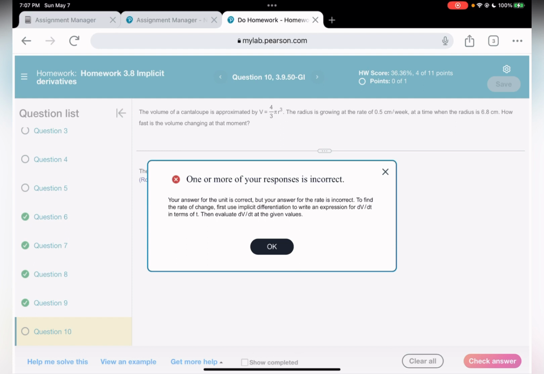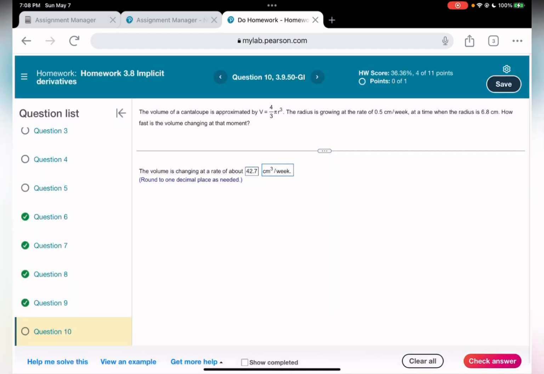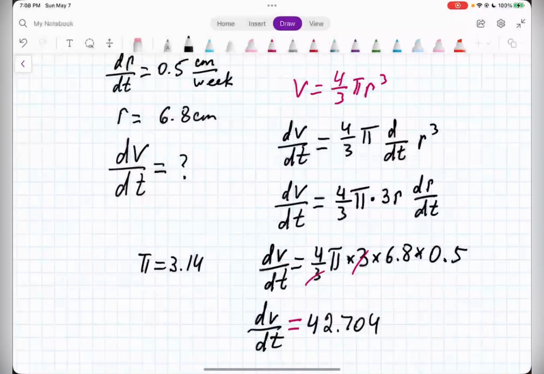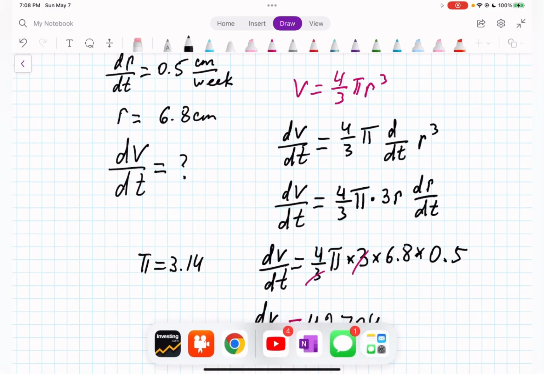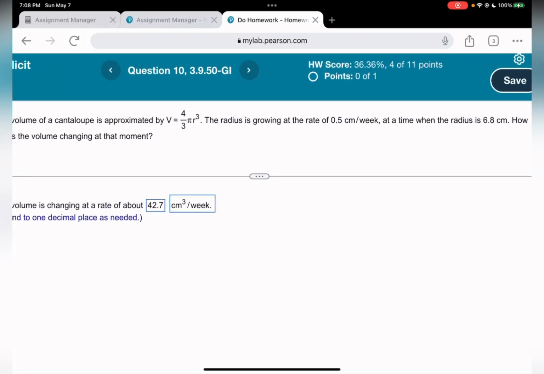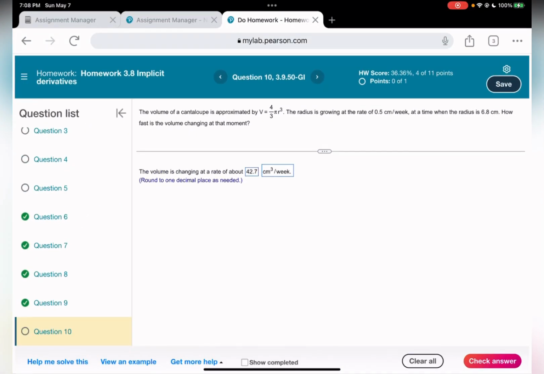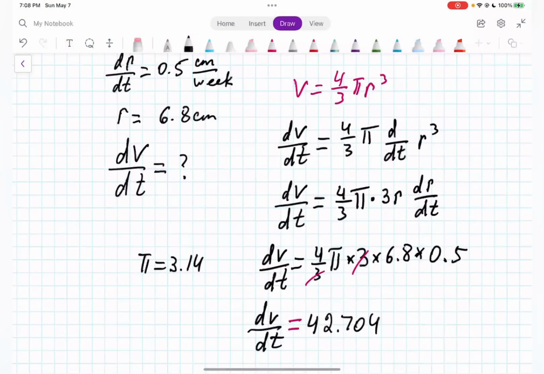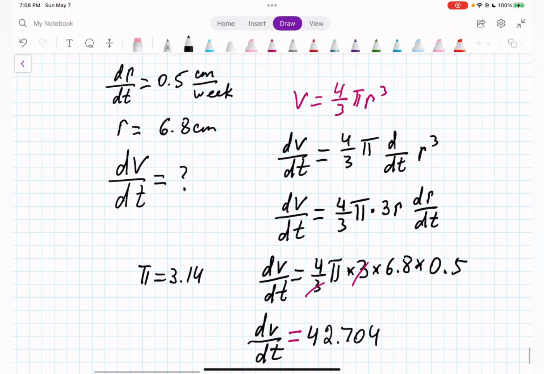See, I felt that something is wrong. Let's go back and check the math. Double check the data. We have 0.5 and 6.8. All is good. All right, let's see what we did wrong and where. dV, okay, 4 over 3, I'm checking this one.